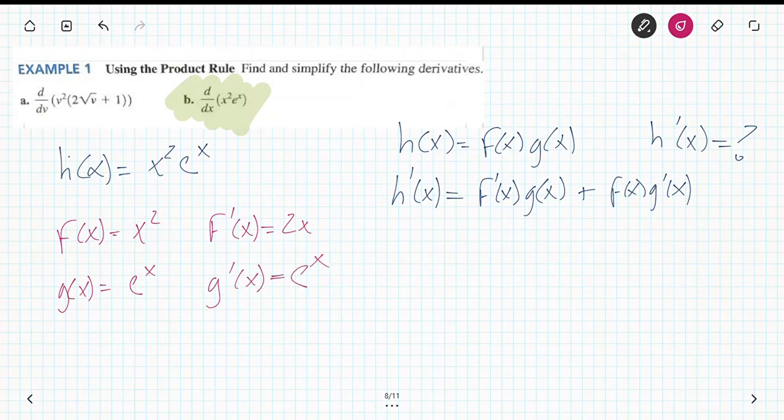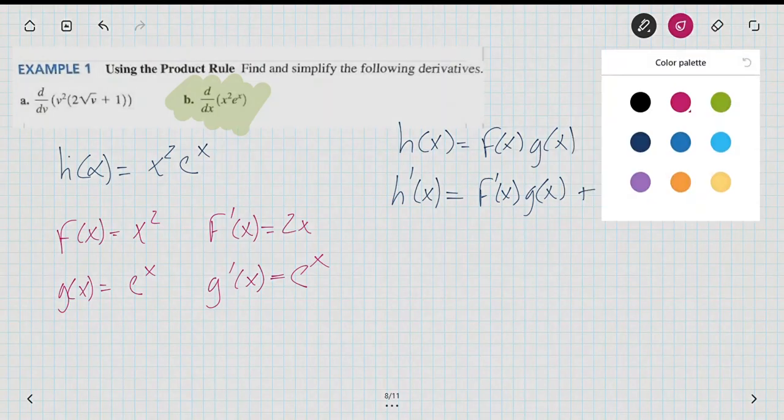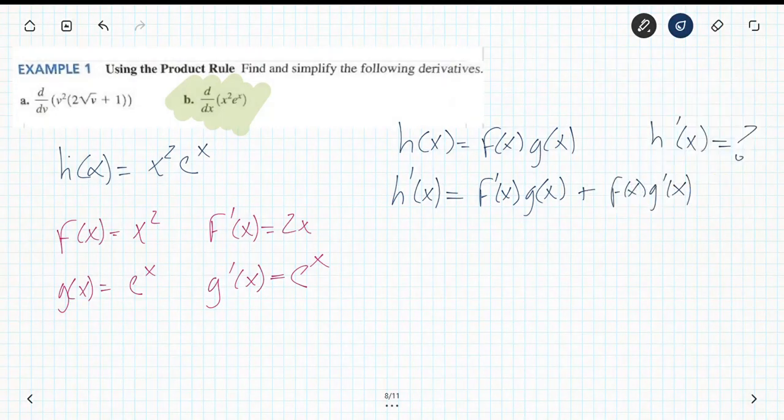Now, e to the x is a special function whose derivative is the same. And if you want proof of that, you can re-watch one of the videos that I posted earlier in this sequence of topics. But now that we know f of x, f prime, g of x, and g prime, we can just throw it in the pan and follow the recipe, right?